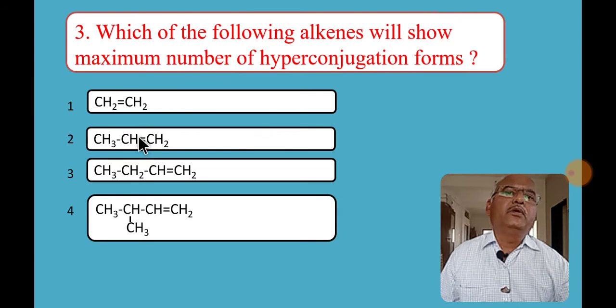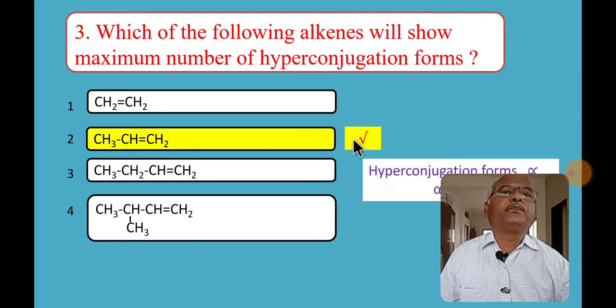This is propylene. This is 1-butene and this is 3-methyl-but-1-ene. You have to select the correct answer. Check your answer. So, the second answer is the correct answer.